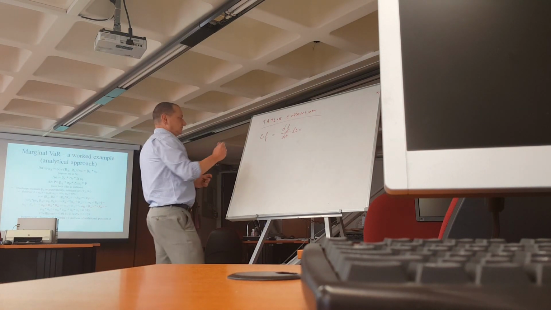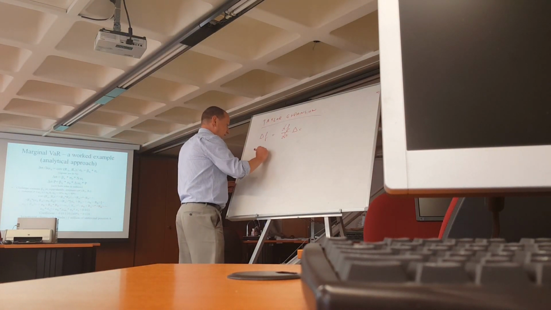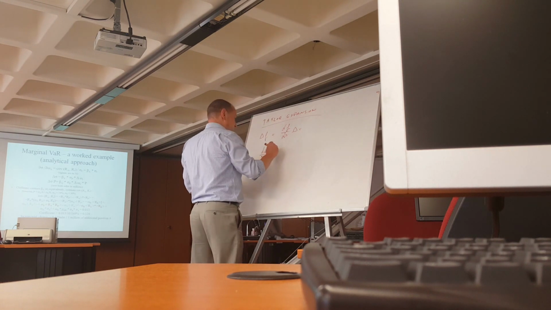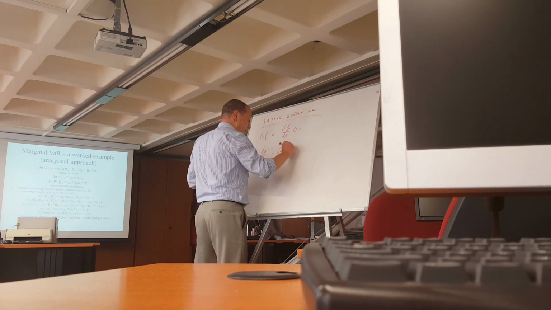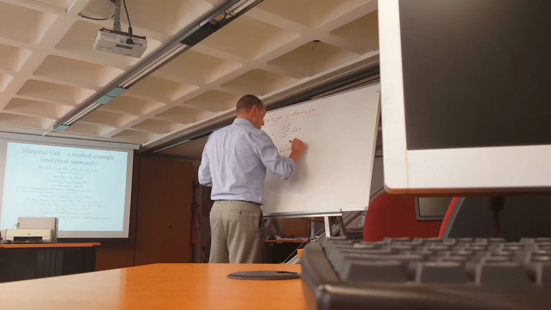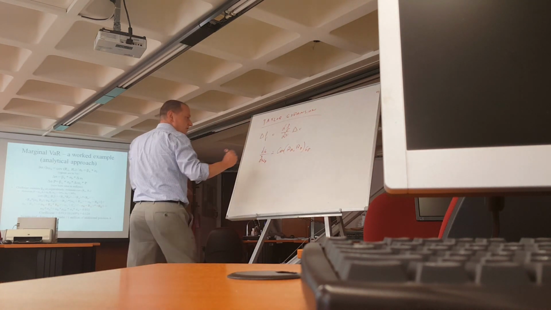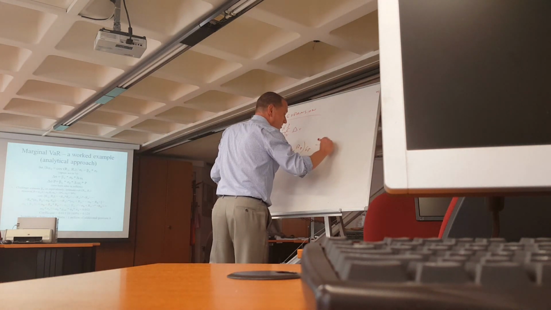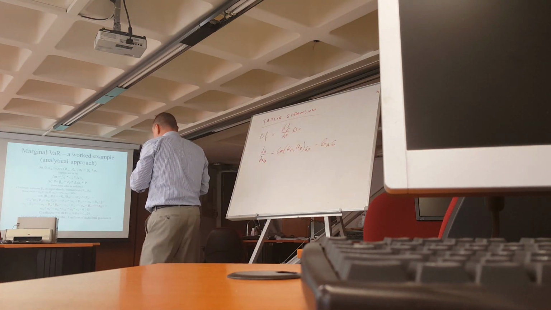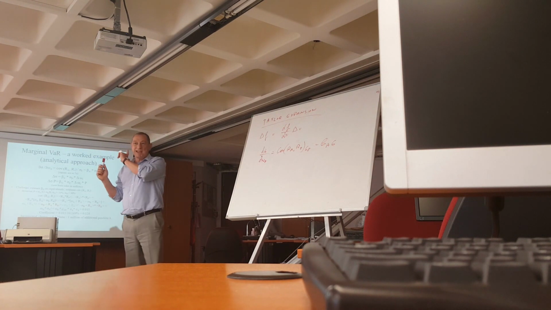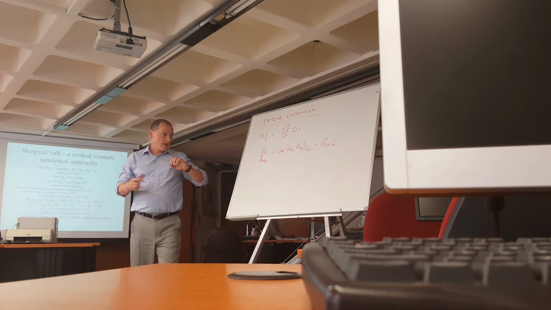Okay, we say delta sigma, or delta omega A, is covariance RA RP over sigma P. Everything still here is in percent. Okay?